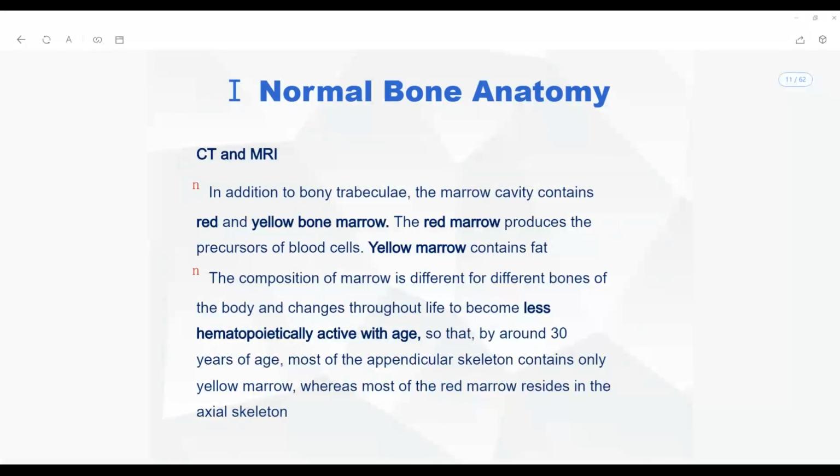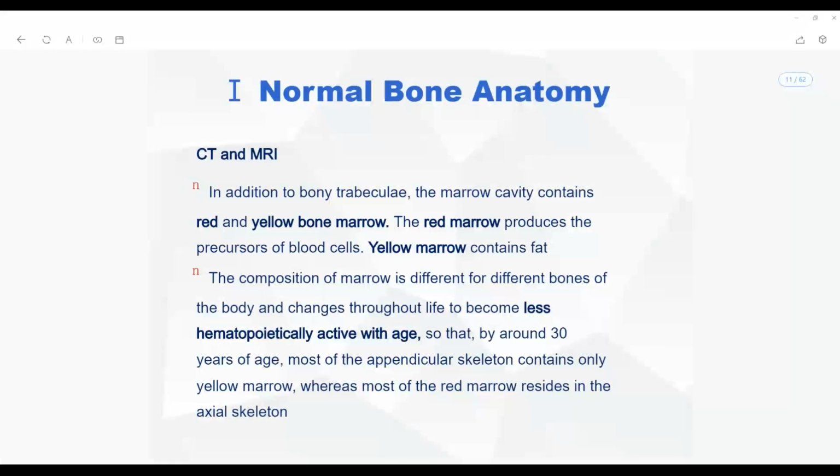Okay, what about a child? If you want to do a bone marrow aspiration, what is the area that you are going to extract the bone marrow from? Posterior superior iliac spine? No. Crest?